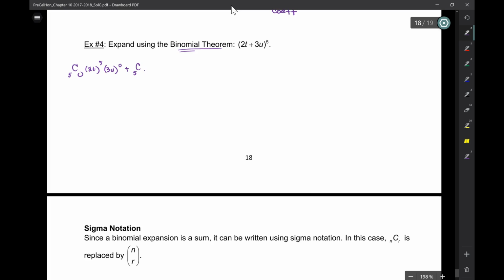And then C(5, 1): (2t) to the 4, (3u) to the 1. C(5, 2): (2t) to the difference, 3, (3u) to the power of r. Okay. C(5, 3).